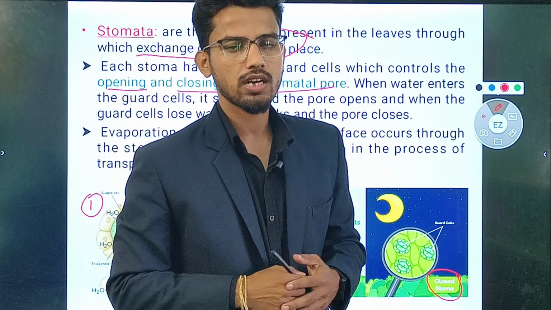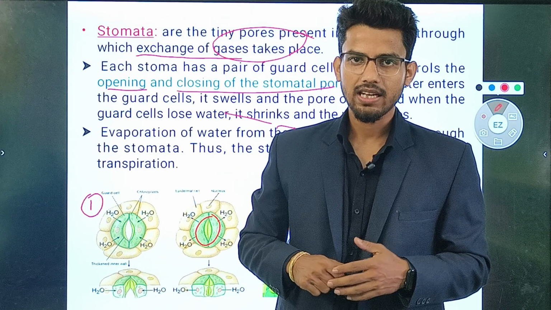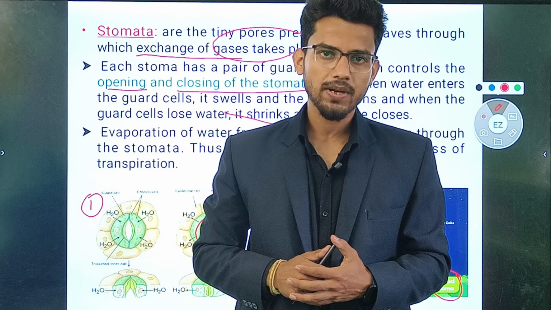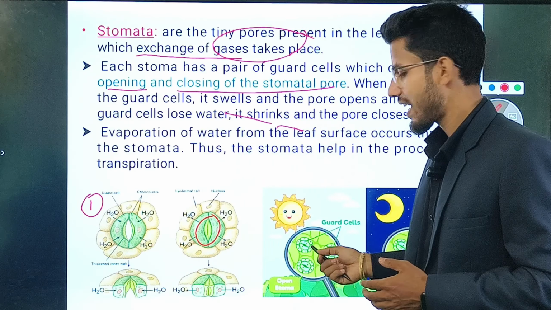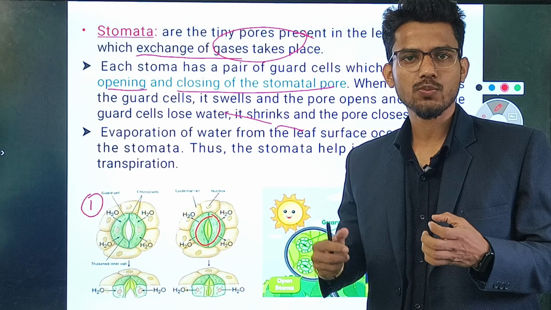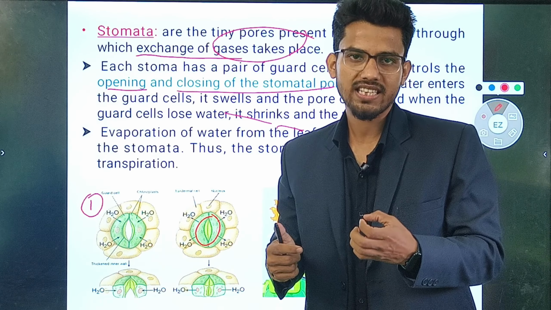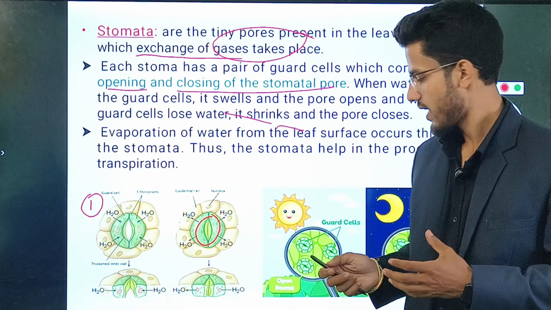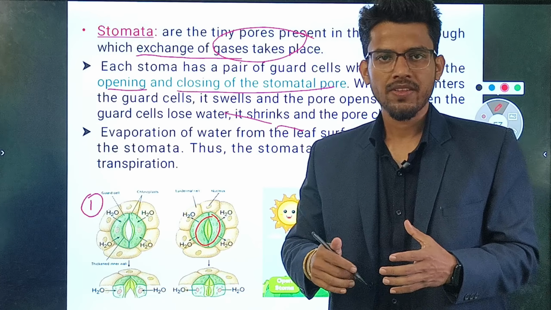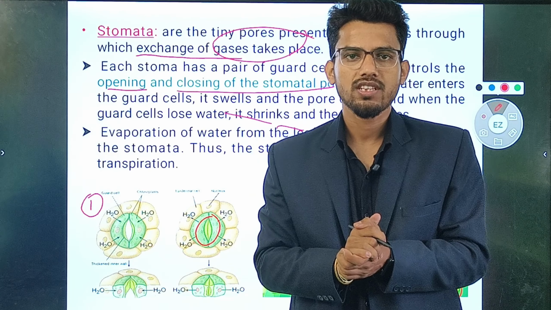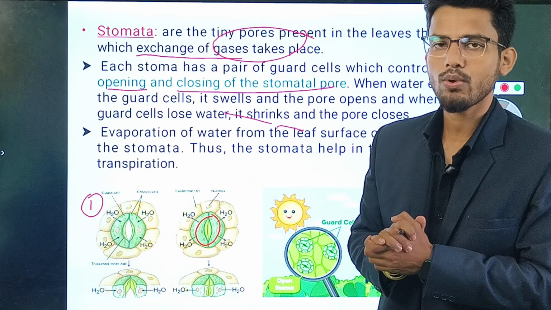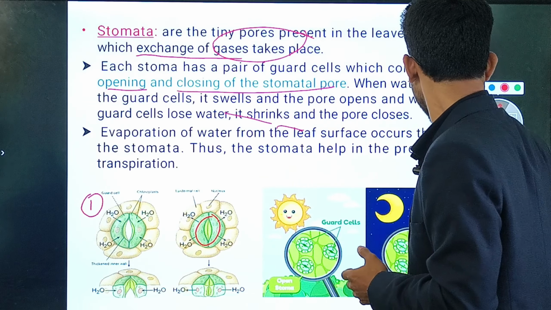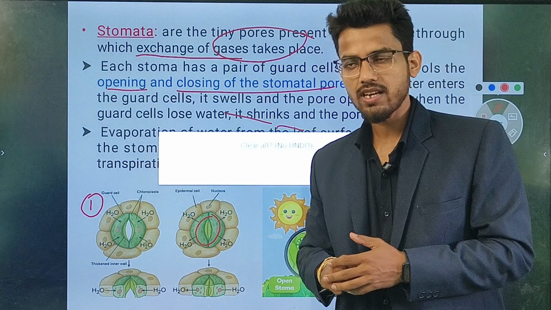We can draw one conclusion from this: during the morning, since the process of photosynthesis is taking place, an adequate amount of water is going inside the guard cells, and that's why it is regulating the opening of the stomatal pore. And during the night time, since the complete process of photosynthesis cannot take place, the stomatal pore remains closed. I hope you are getting it, understand?